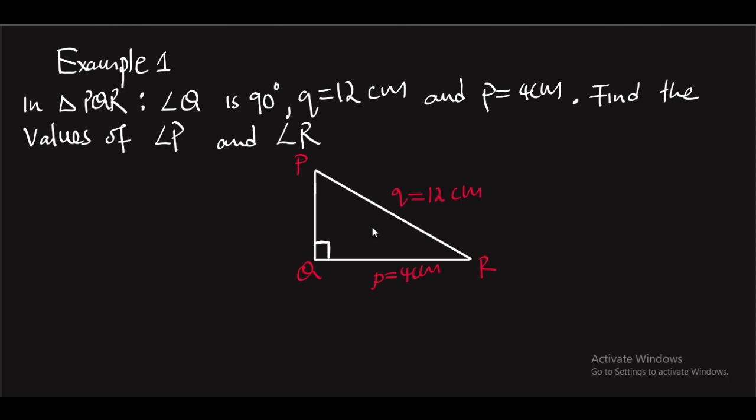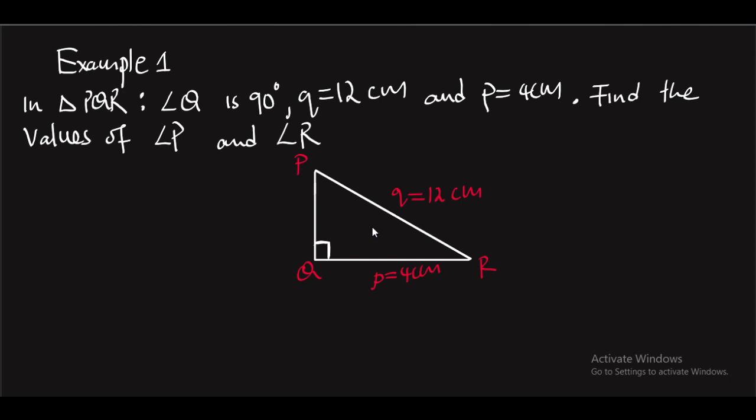So how are we going to do that? We can see that we have this value and that value. If this is a right angle triangle and we want to find angle R, looking at angle R, this is the hypotenuse, and this one will be adjacent to angle R. So I have adjacent and hypotenuse.